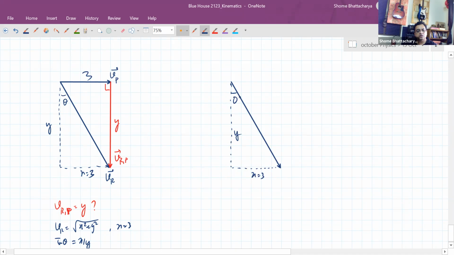This theta is also the same. Only now this angle is 45 degrees.